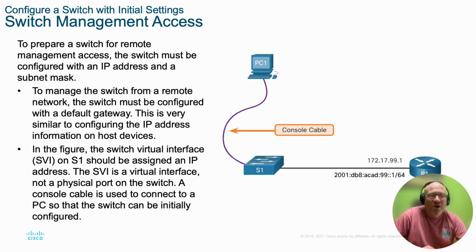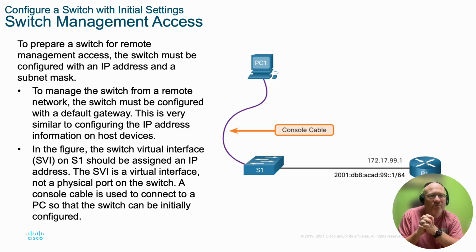Okay. But what is quite important is we do have a thing called a switch virtual interface, or an SVI, and that means you can configure it as if it is a device, and that way you can remote into it. So you can either go in via the console port, or you can remote into the switch from somewhere else on the network via a router or something like that.